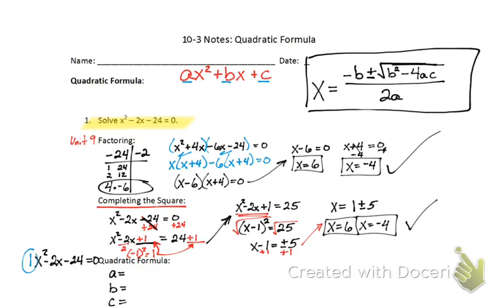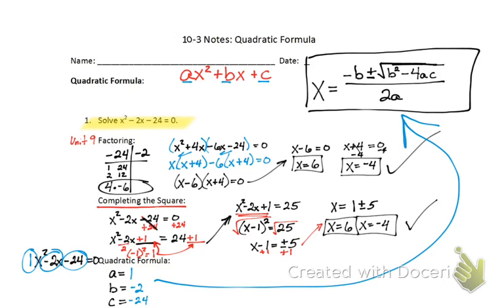You're just looking for the numbers. A is 1, b is negative 2, and c is negative 24. Now that you've identified what a, b, and c are, all you're going to do is plug those numbers in to that equation.